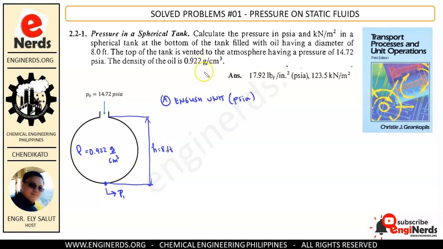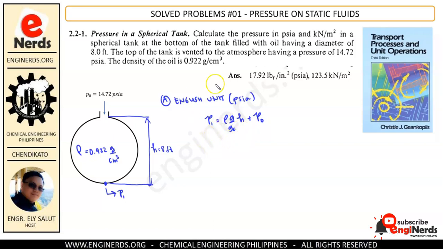Okay? Since naka-English unit tayo dito, so kailangan natin gamitin yung ating formula na pressure is equal to rho g over gc h plus P0. Okay? So, yan ang ating magiging formula ngayon.